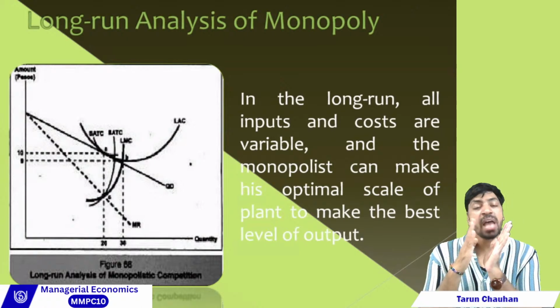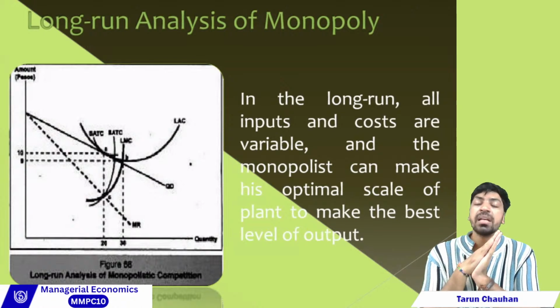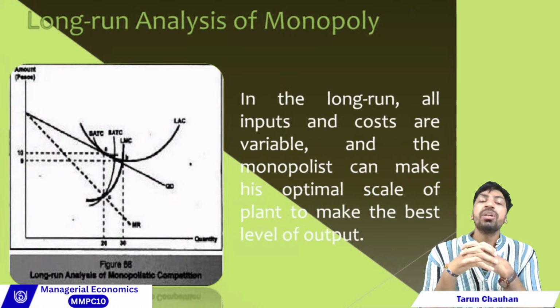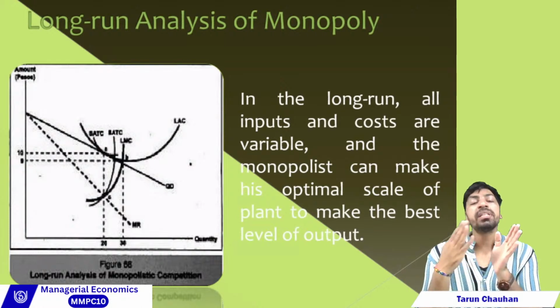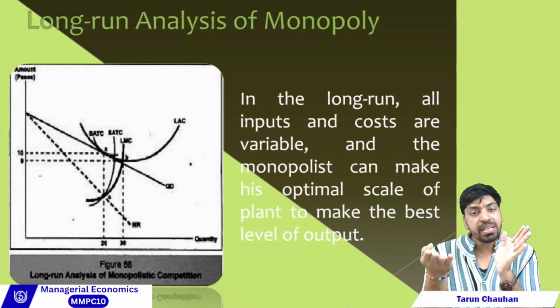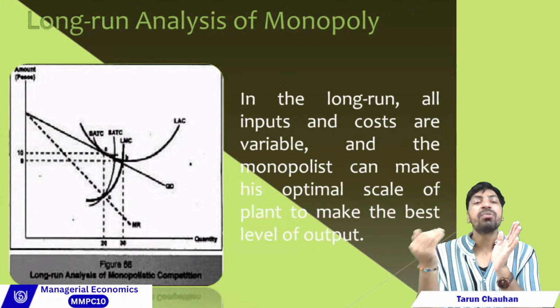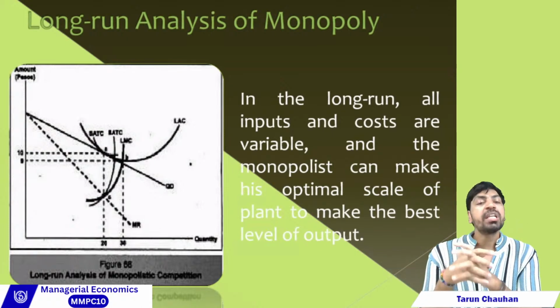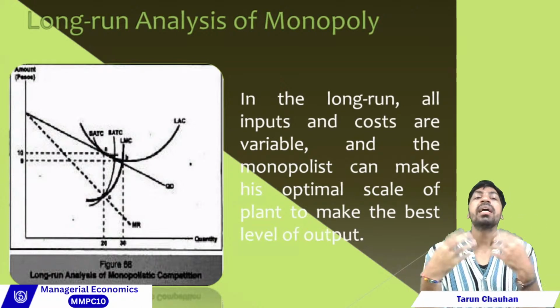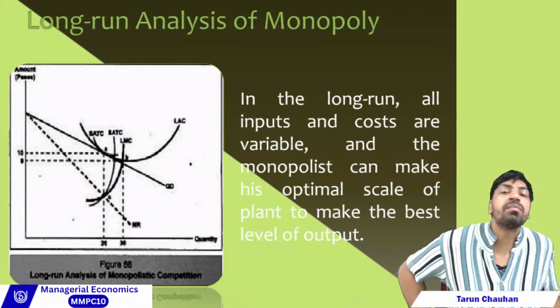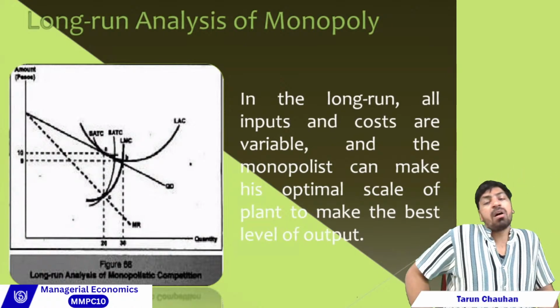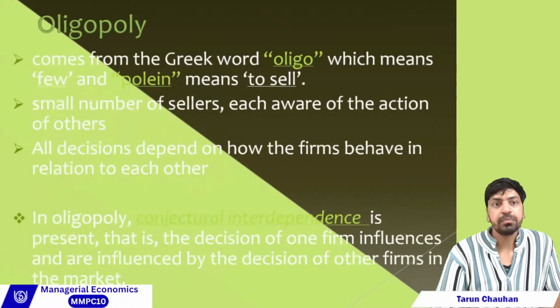So in the long run, a single seller has to reduce the price so that the quantity demanded would increase, and more and more plant would get built up to produce the best level of output. And that's the main concept or the analysis of the long run of the monopoly.